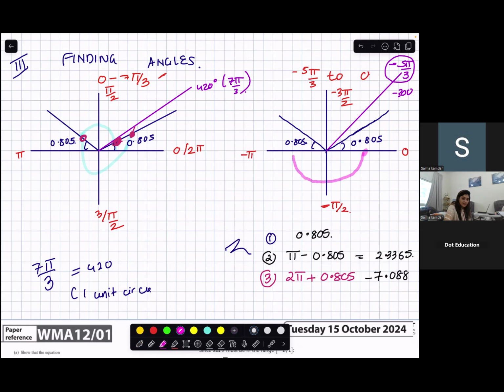I have done my first hit. Where is my first hit? So it's going to be minus pi minus 0.805. I need to add this, right? It is going to be this plus this.